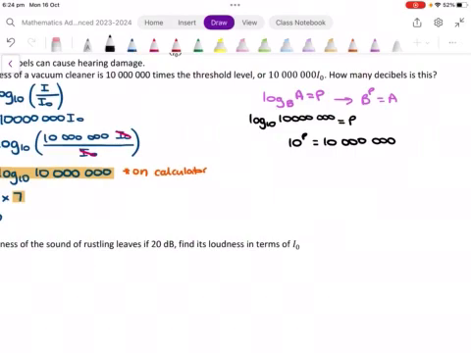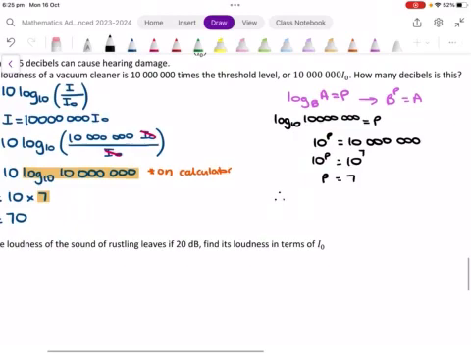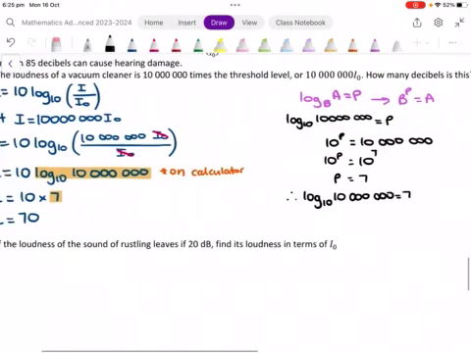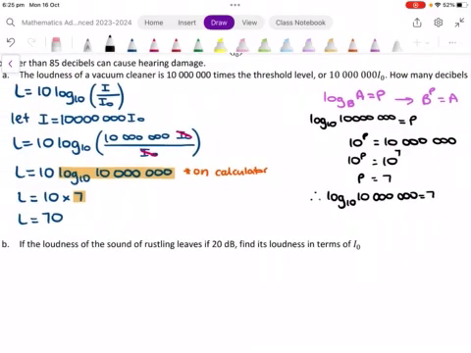So when we're looking at 10 million, we have seven zeros. That means that 10 to the P is equal to 10 to the power of 7, so P equals 7. And so therefore, log base 10 of 10 million is equal to 7, and that's why we replace our log base 10 of 10 million with 7, or because we're in log base 10, our calculator will do it for us.